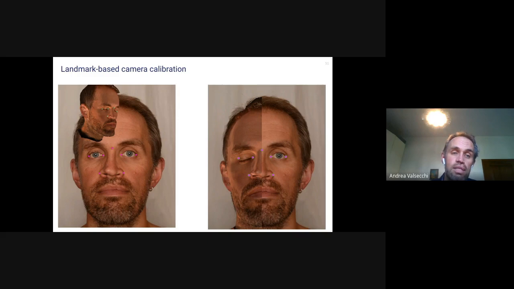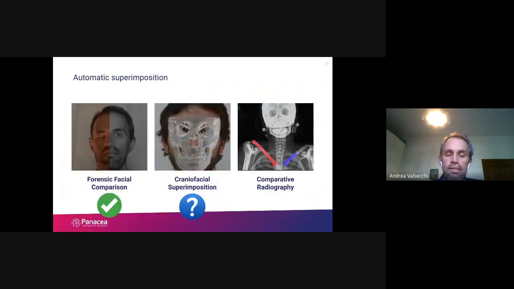In particular, we see that the landmarks overlap perfectly. That's easy, and that applies to facial comparison. You can also do it with dental comparison if you're able to mark areas of the teeth that should match, right?